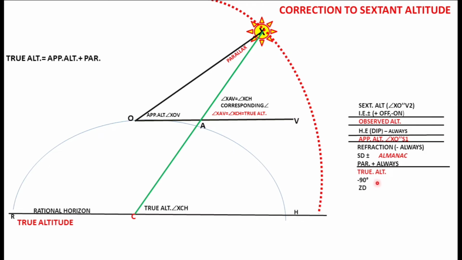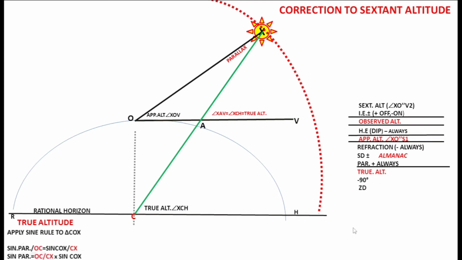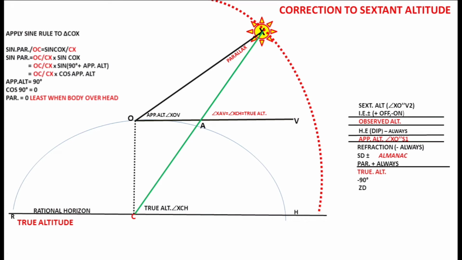Now 90 minus altitude, we get the zenith distance. So now we have got one part of what is required for calculating latitude. We have our zenith distance. We'll be talking about declination a bit later. Now if we apply the sine rule to this triangle COX. The sine rule is what?